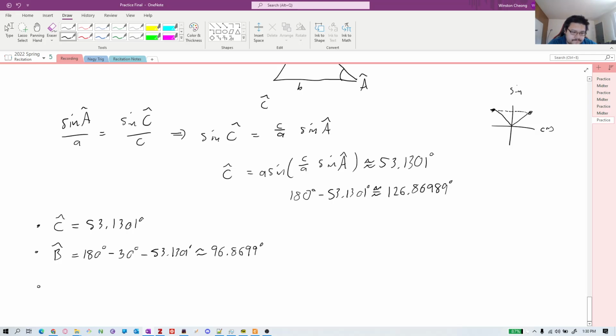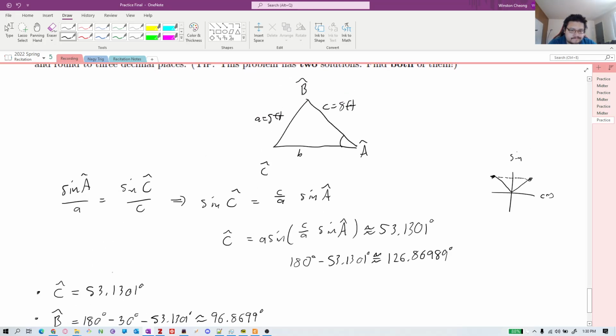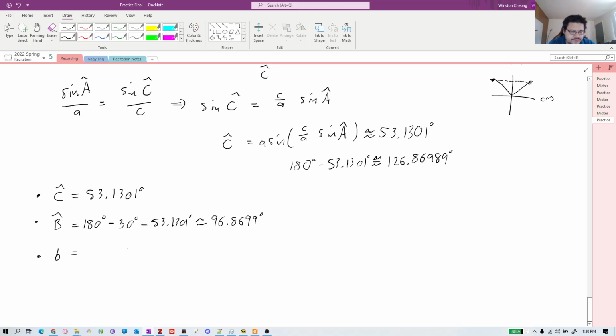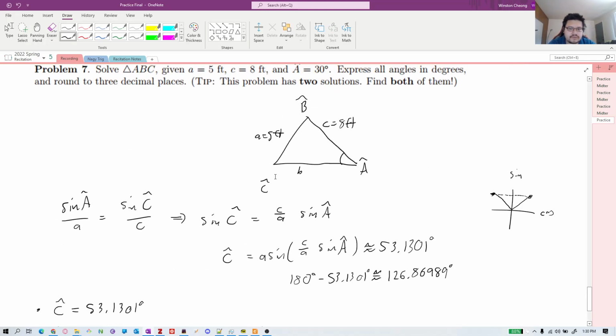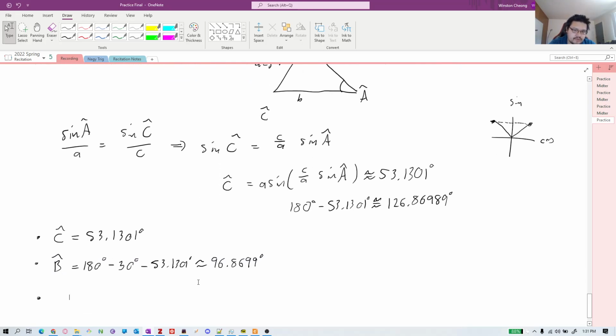And then B, well, to get to B, what we should do is, in this diagram, we have A, B, and C now. I would use the law of sines, because in this usage, it's not ambiguous.